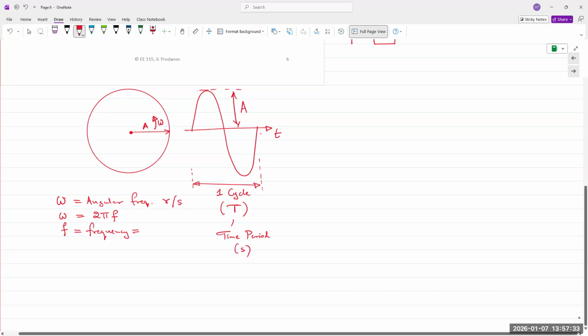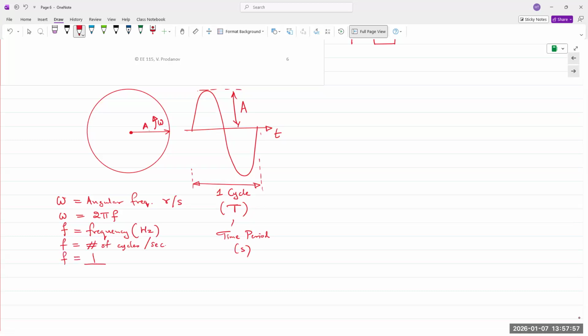Frequency, unit is hertz, and frequency is the number of cycles per second. The relationship between frequency and time period is that they are inverse of each other. So f is 1 over T, T is 1 over f. Uppercase T is different than lowercase t.